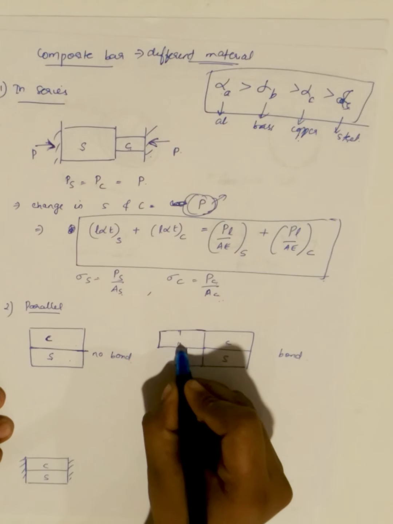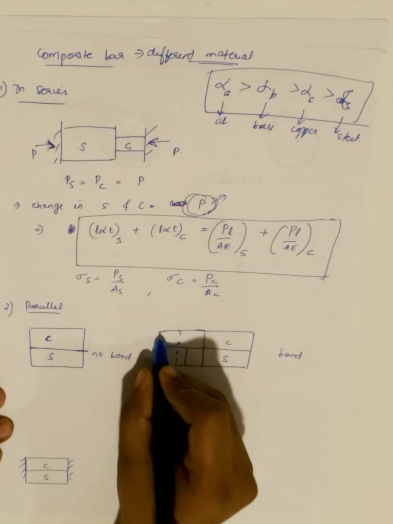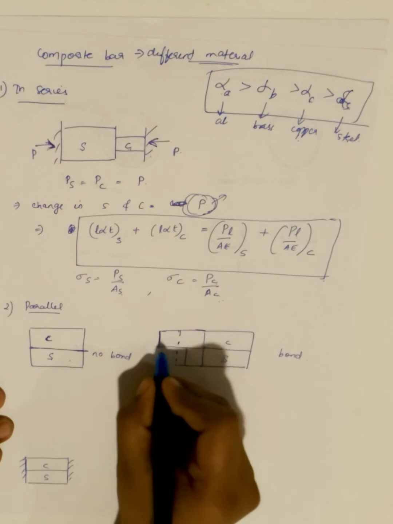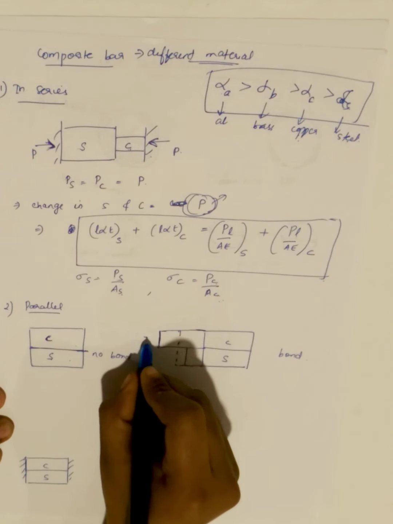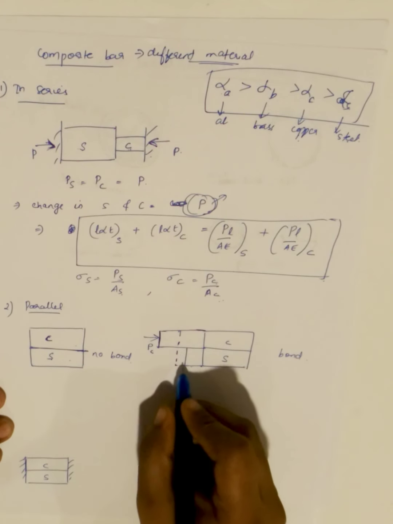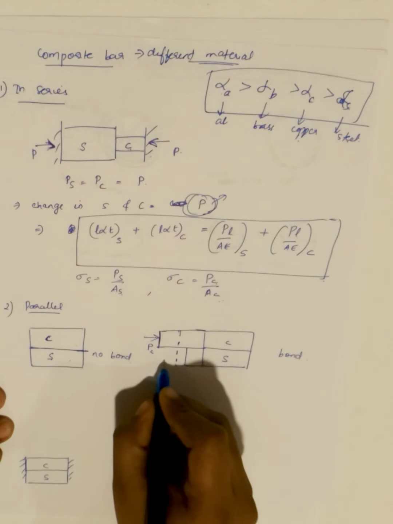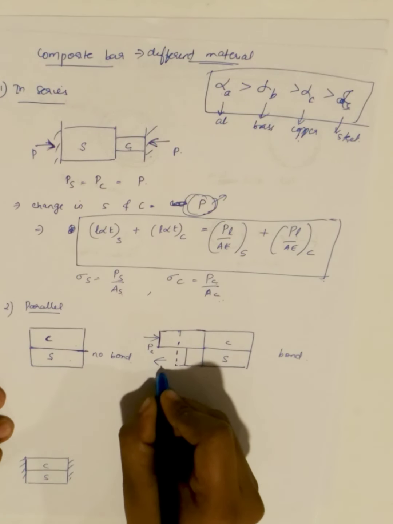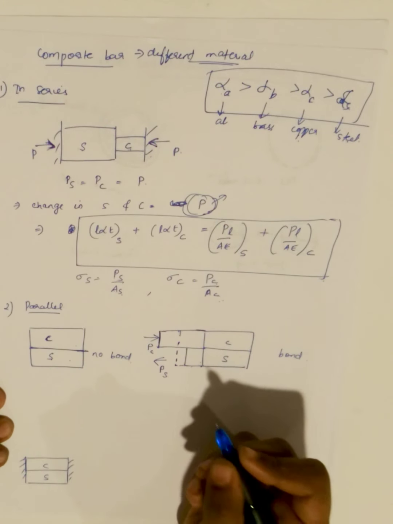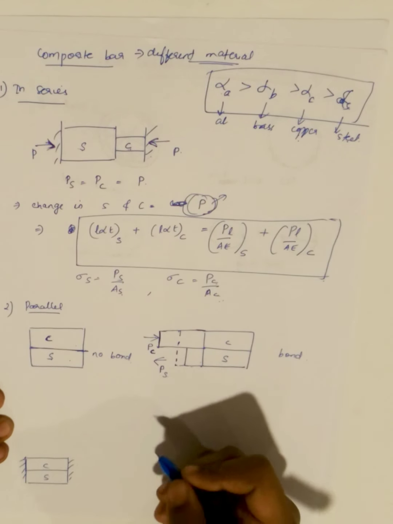At this location they will compromise, so this portion should come here, so this copper will be subjected to compression P, and this steel has to expand till here, so this steel will be given a tension PS. Okay, so that will be our case. So what will happen?